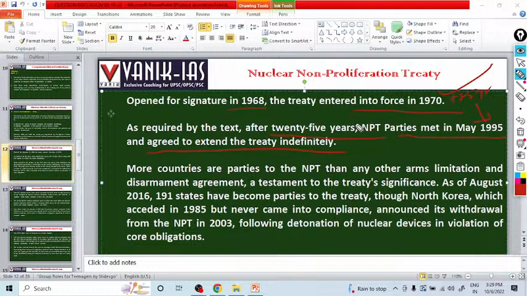That is the present treaty in force, and after 25 years as per the agreement, it was renewed for an indefinite period.